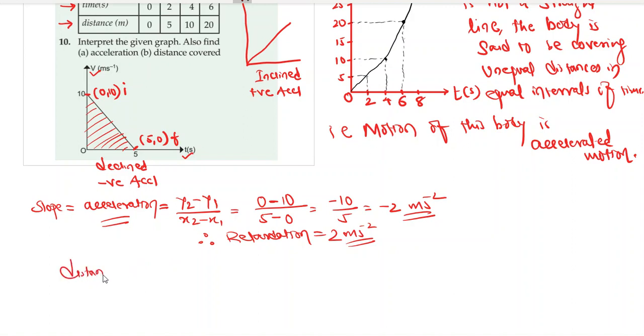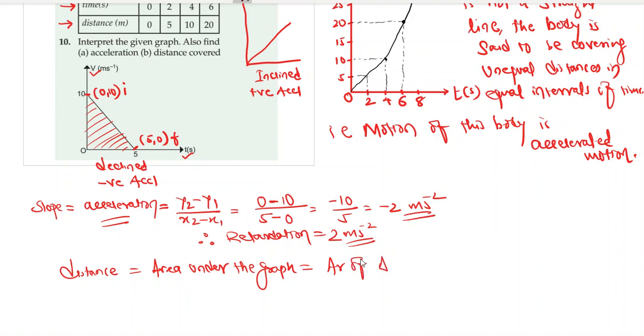So distance is equal to area under the graph, which is equal to area of triangle.